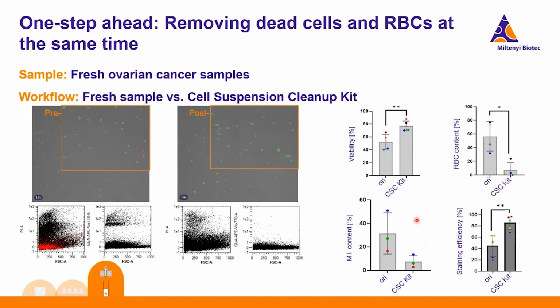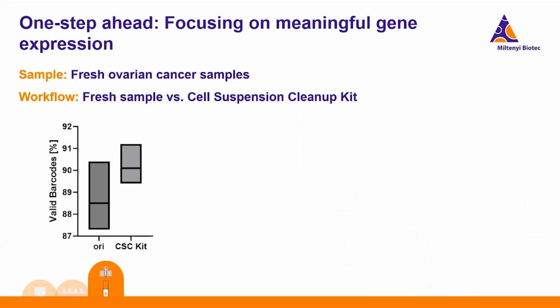So what impact does it have on your sequencing if you have a clean sample or a sample which wasn't cleaned before sequencing? There are some general QC metrics, for example, valid barcodes, where you can see that we have an increase of approximately 1.5% of valid barcodes in the sample which was cleaned up using our kit.